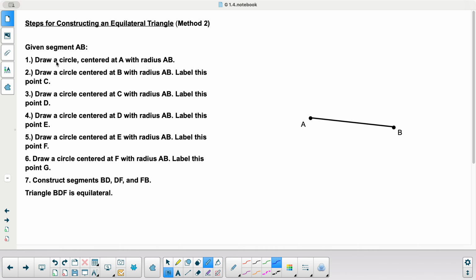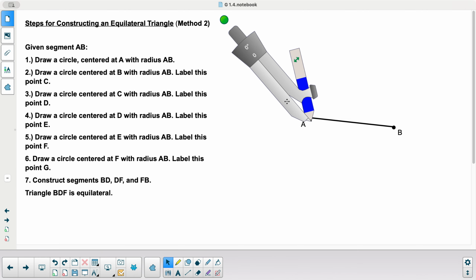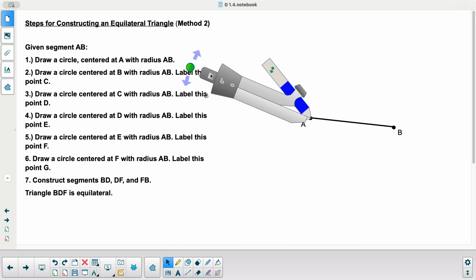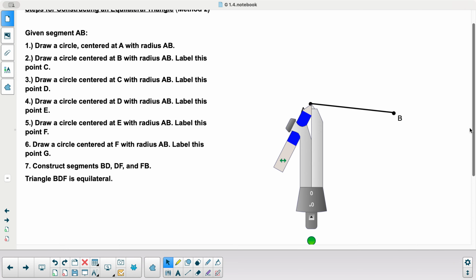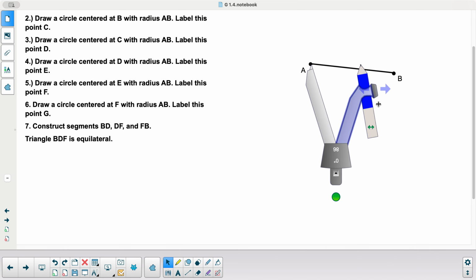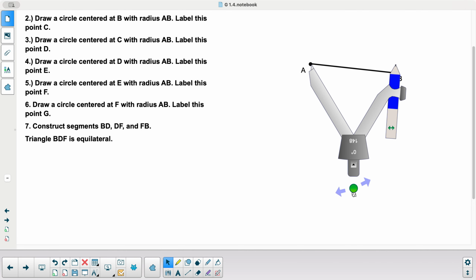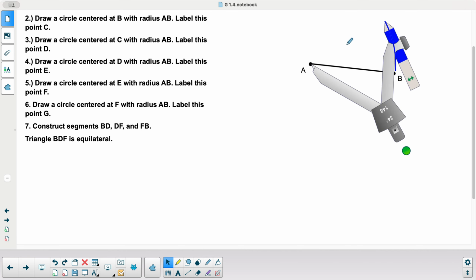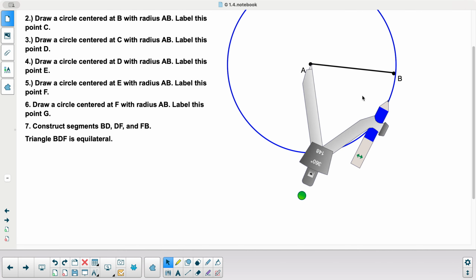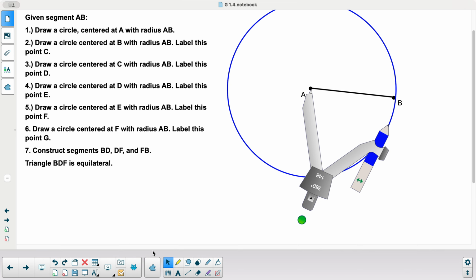All right, here's the second method. Draw a circle centered at A with radius AB. So kind of the same thing that we did before. All right, there's my center. There's my circle. Step one is done.